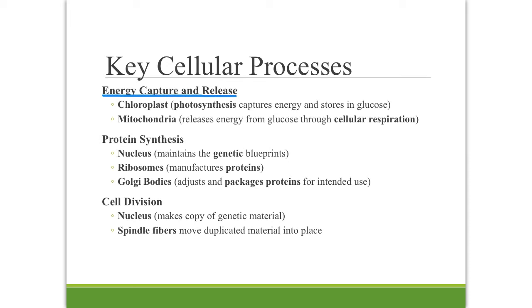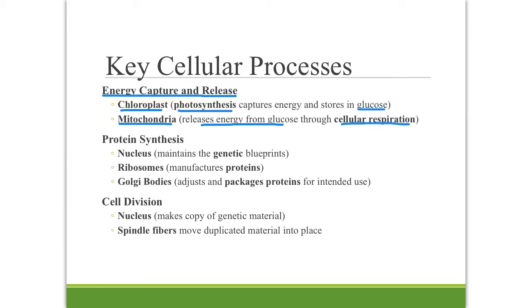The energy is captured through a process known as photosynthesis, and that happens inside the chloroplast of plant cells. Plants are able to capture the energy from sunlight and store it in glucose. Glucose, of course, becomes food. And then all cells can release that energy. Eukaryotic cells use mitochondria to release that energy from the glucose through a process known as cellular respiration.